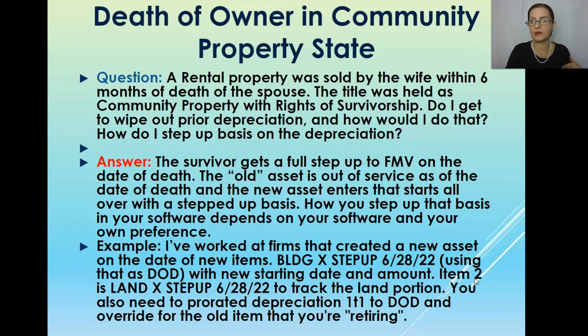In Northern California, where I originally practiced, and in Nevada, where I'm practicing now, most of the time I will see a small land value for condos. But there are some places where there's no land value for a condo. Most of the time you're going to have a land value, so you have to break that out, because remember, land is never depreciated, so that's how you track the land portion.